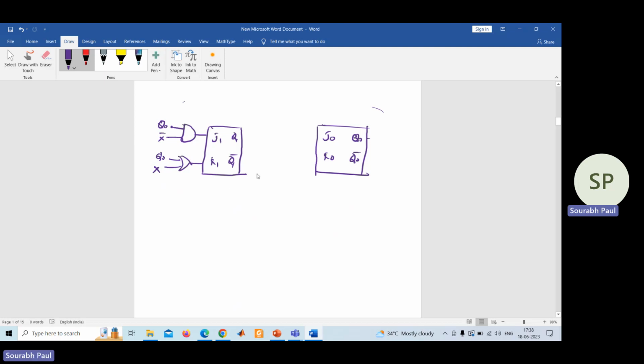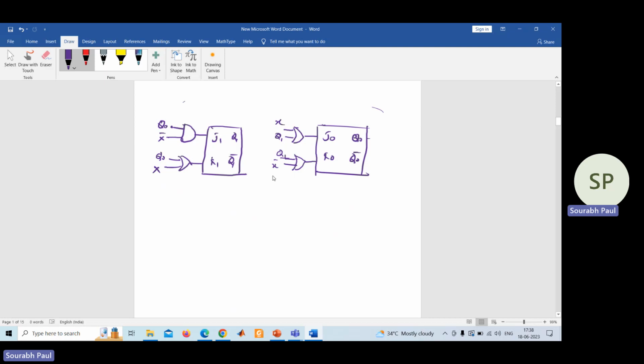Likewise for J0, what was the expression? That is Q1 and X, so that is an OR gate. Then for K0, you have X bar and Q1. These are the inputs and these have an OR relation.